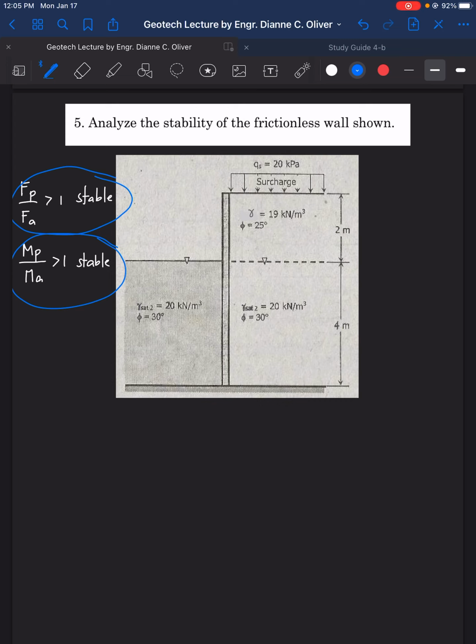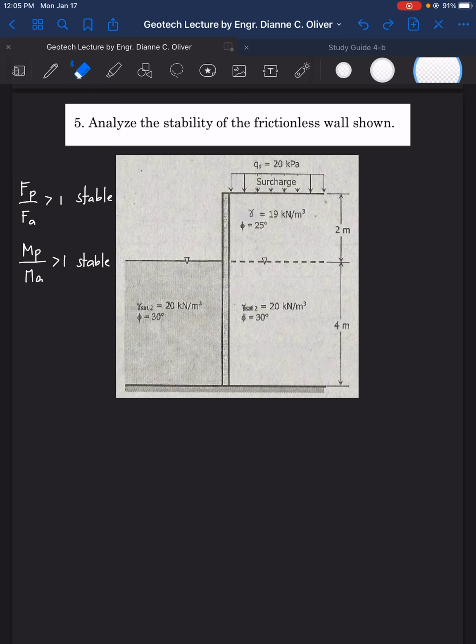In force and in moment, it should be stable. But if one of them is not stable, there is a needed adjustment either for the height of the structure or the height of the backfill. So it depends. You need to do some necessary adjustments just to get a stable computation.